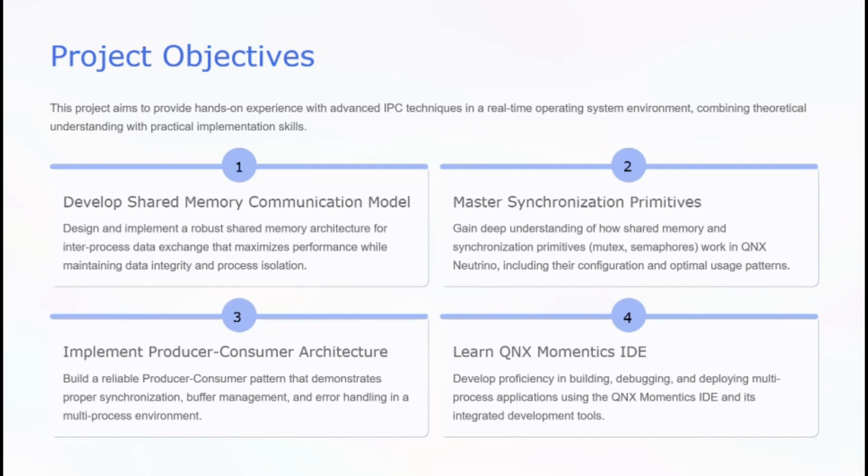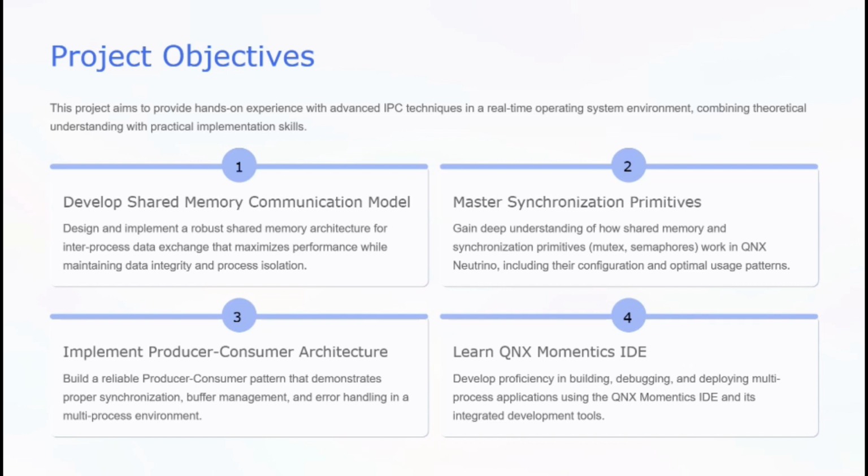I have already mentioned mutexes and semaphores, which are the synchronization primitives used to achieve synchronization in shared memory, and which work in QNX Neutrino.